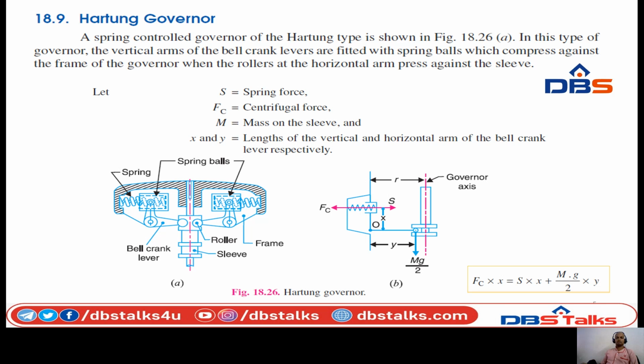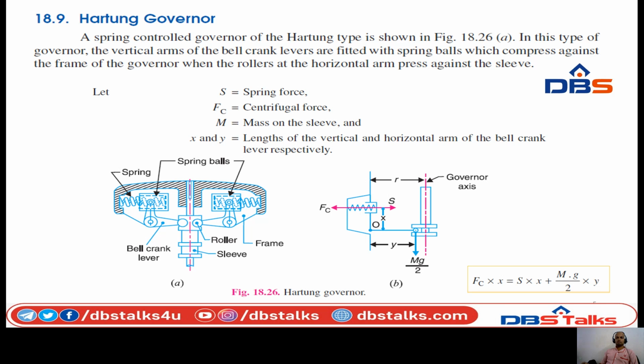Each lever carries a ball at the end of the vertical arm OB and a roller at the end of the horizontal arm OR. A spring in compression provides equal downward forces on the two rollers through a collar on the sleeve. The spring force may be adjusted by screwing a nut up and down on the sleeve.